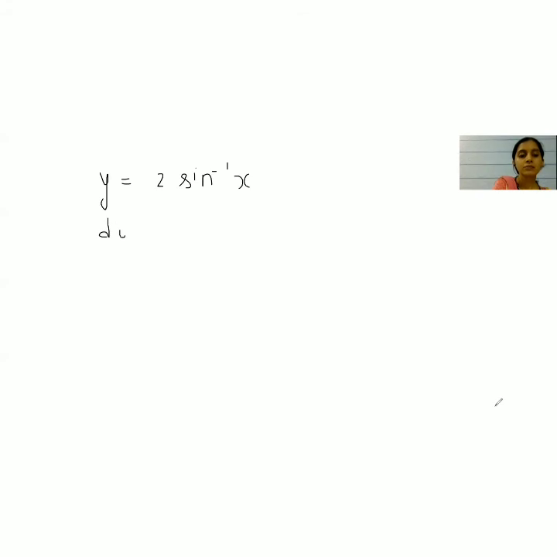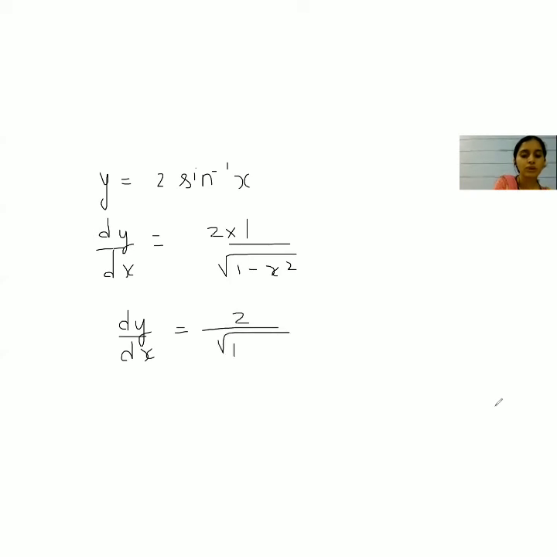dy by dx is equal to 2. What is the sine inverse x derivative? It is 1 upon root of 1 minus x square, right? So we get dy by dx is equal to 2 upon root of 1 minus x square.